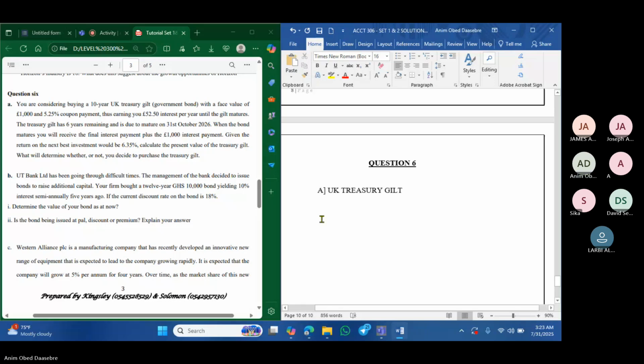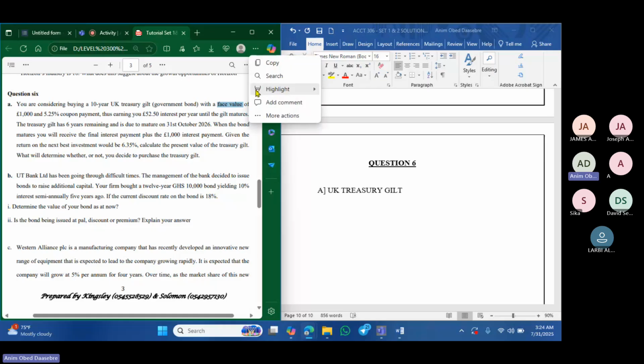So now let's pick out the information from the question. We can see that we have a face value. The question gives us a face value of 1,000 euro. We also see the coupon payment rate, 5.25% coupon payments.